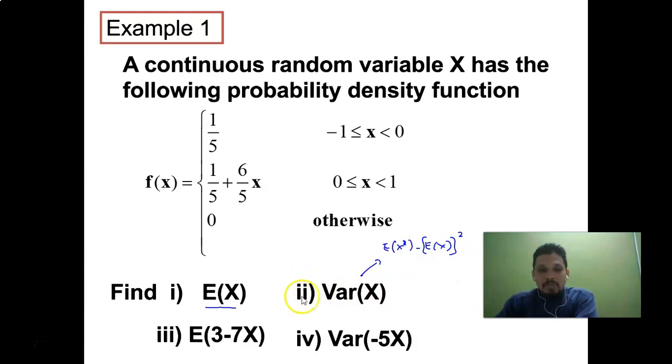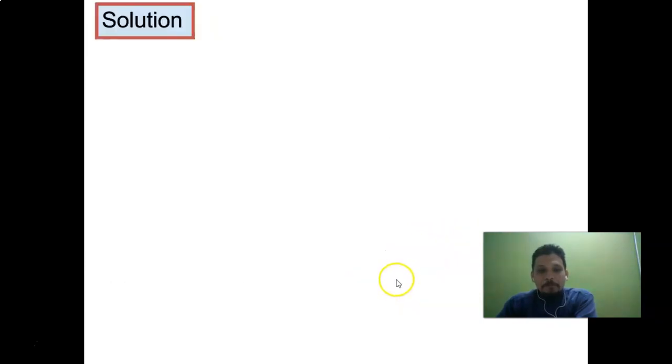Meaning, to solve this question, we can use the result of E(x) from question number 1. But for question number 2, we need to come up with another integral with a value of x squared. For E(x), once we get the value here, we square it. So there are two different things here.